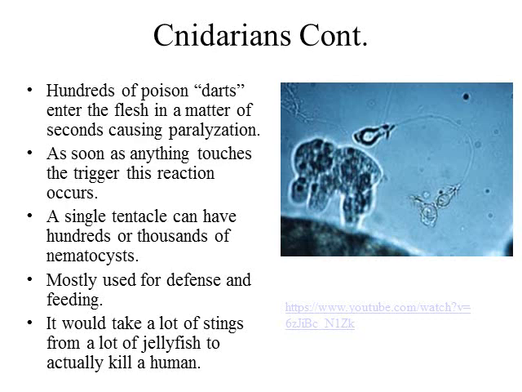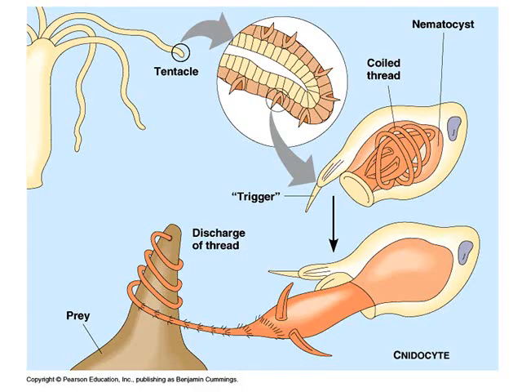It happens in just a fraction of a second, injecting venom into whatever touches it. So again, it's showing you here's a tentacle. Here are the nematocysts, these stinging cells, and then inside, I should say, cnidocytes, and inside the cnidocytes are the nematocysts.